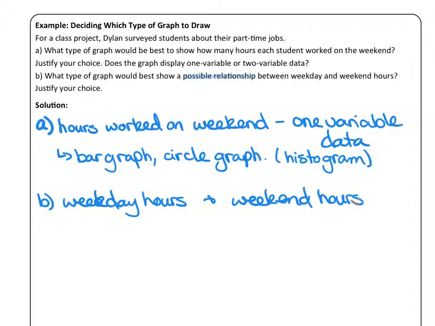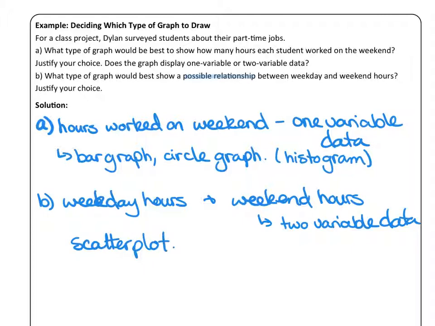So we are actually measuring two different things. So I would say that this is two variable data. And the last thing, what kind of graph might we do? We'd probably do a scatter plot. Actually, we would do a scatter plot. A scatter plot only works with sets of two variable data. So for sure, we would do a scatter plot in this case.